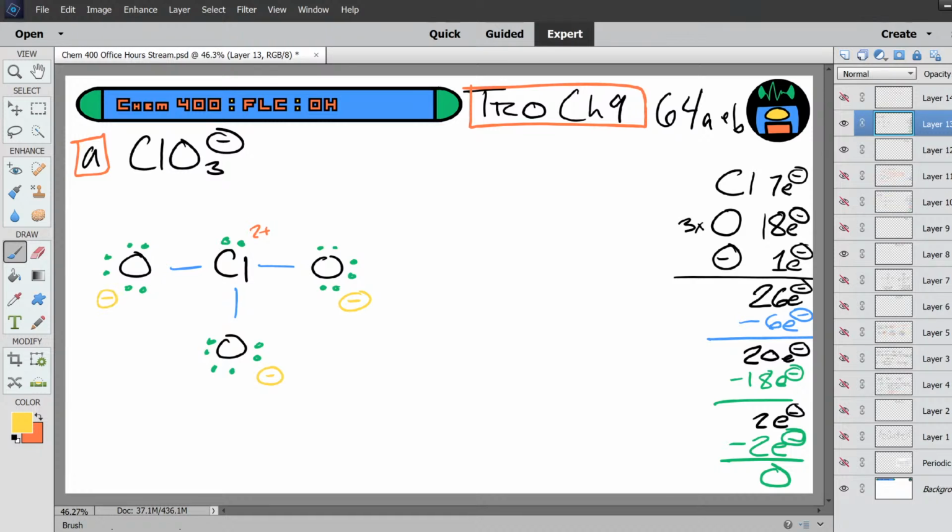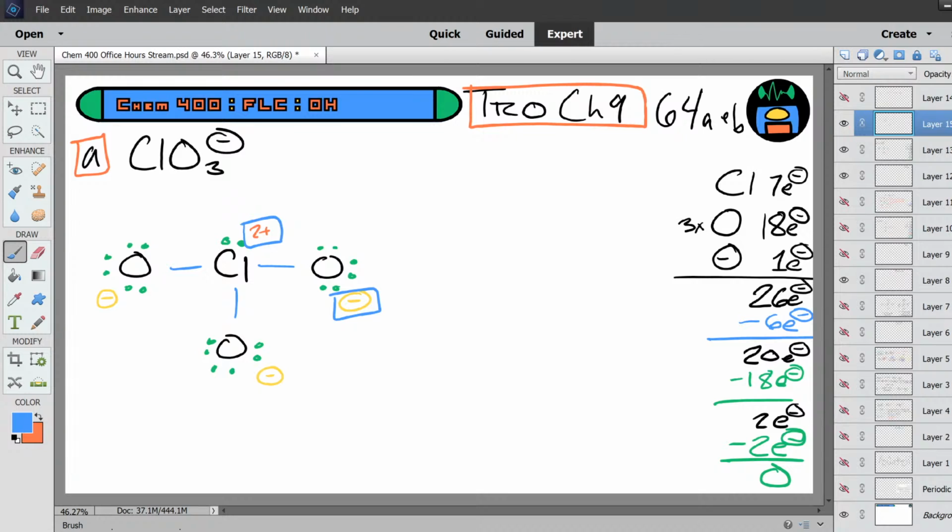Now, we said that anytime you have this scenario, a formal negative on an atom that's next to a third period or lower element with a formal positive charge, we could minimize our formal charges.